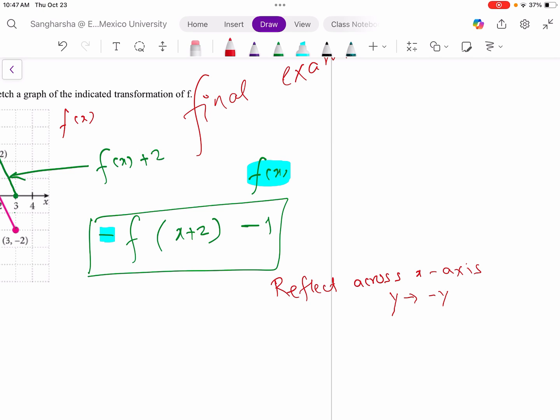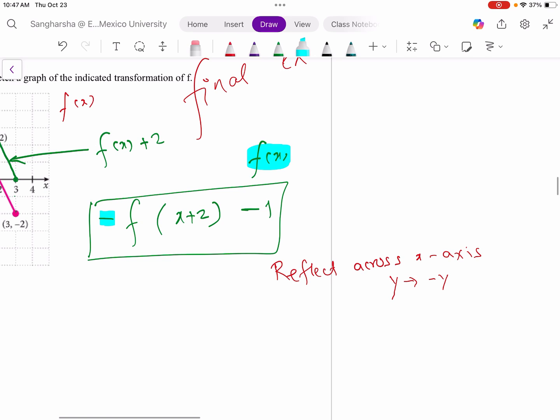Reflecting across the y-axis means replacing x by negative x. So for every coordinate, we change y to negative y.